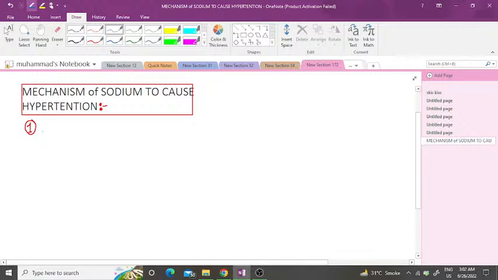First mechanism is that sodium, as we know, Na is osmotically active.